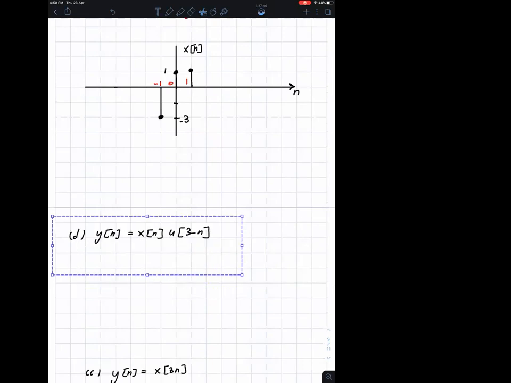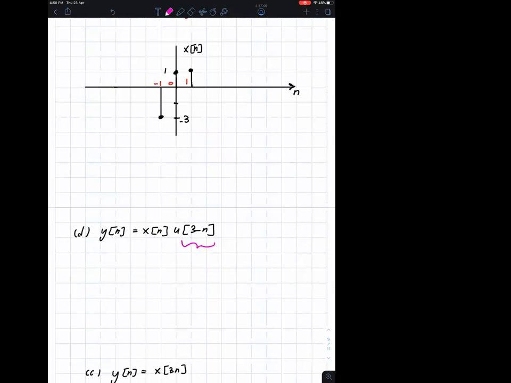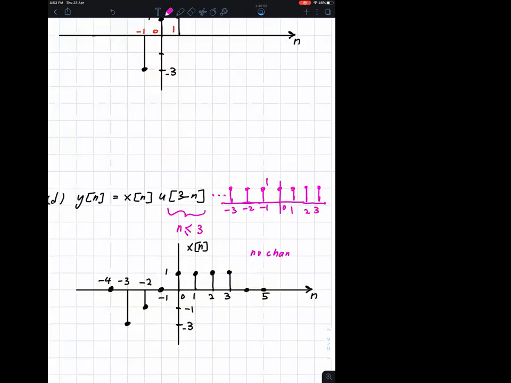Earlier I already plotted this for you. So this really means you have a signal that's going to the left, starting from here, 3, 2, 1. Right? Yes. Same as x[n].